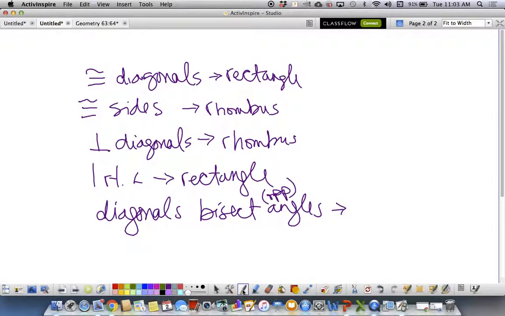Wait, because 2 people are saying answers and 11 other people aren't thinking at all. Okay? Do you have that, Landon? Diagonals that bisect the opposite angles. What is it? You got it, Gray?